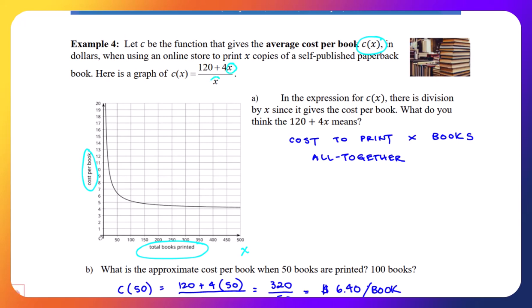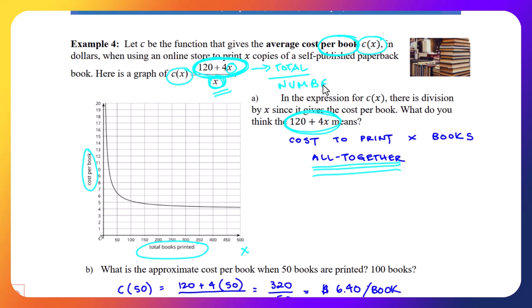So x represents the number of books, and c is the cost per book, because we're dividing by the number of books. If I look at this fraction, before I divide by x, that must be the cost of all the books, period, before I get down to one book. Because if I divide by the number of books, I'll get down to the cost of one book. So this is the total divided by the number.